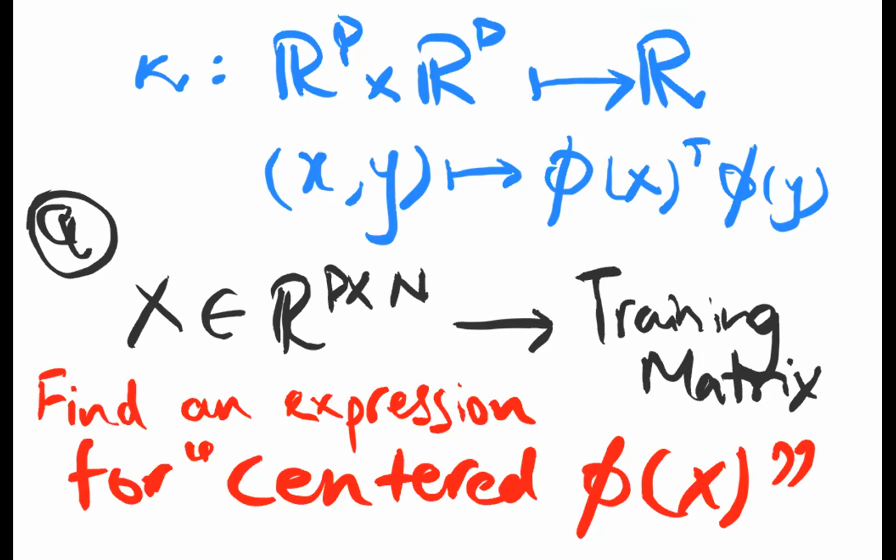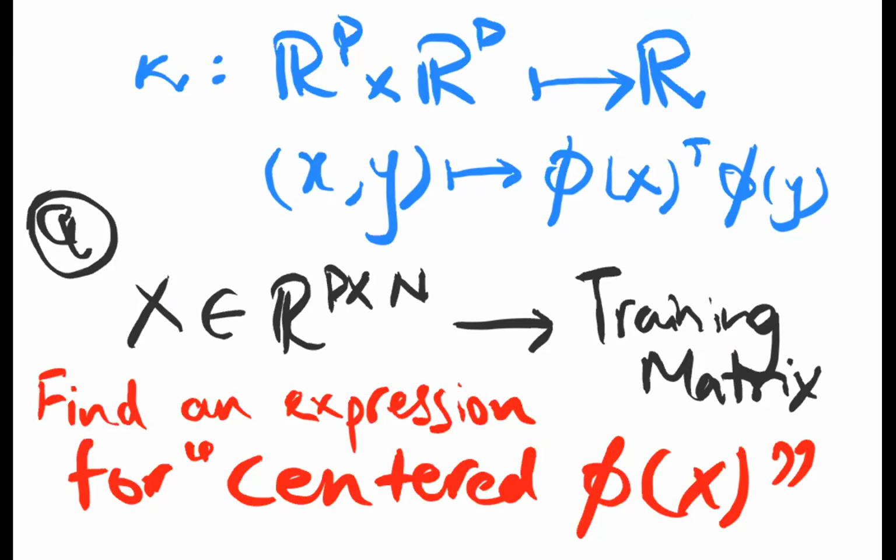You mean phi of x, right? Yes, but if phi of x is a matrix and I'm multiplying it with another matrix, then I should get a matrix too, right? Yeah, if phi of x is a matrix and you multiply it with a matrix, then you get a matrix. But that is not the issue there.